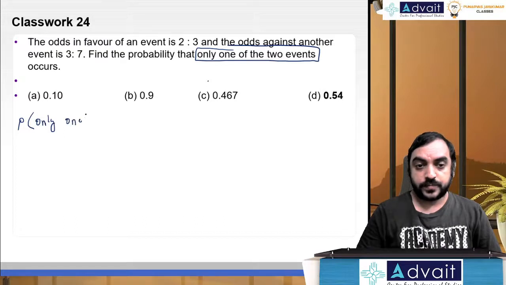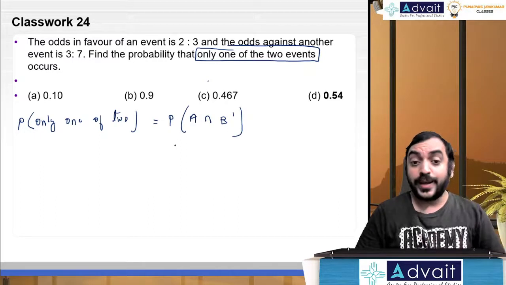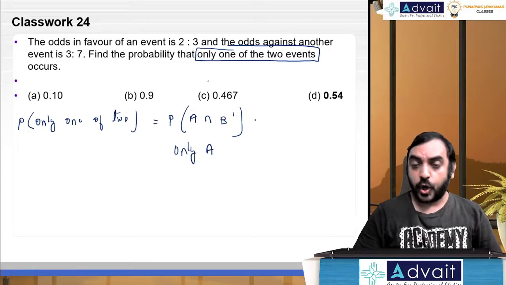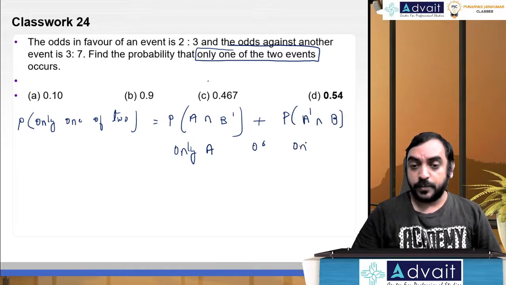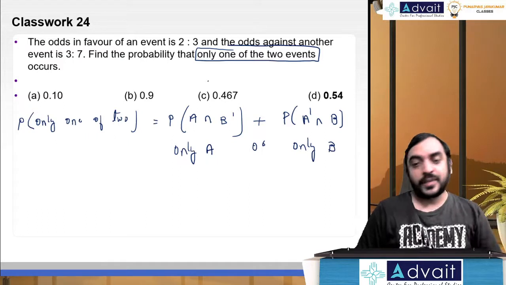Only one of the two events, not both of them, only one of them should occur, which means we should say probability of A intersection B complement, which means only A and B does not happen, plus only B happens, so probability of A complement intersection B, that is only B. That's the meaning of only one of the two events. Both of them cannot happen.